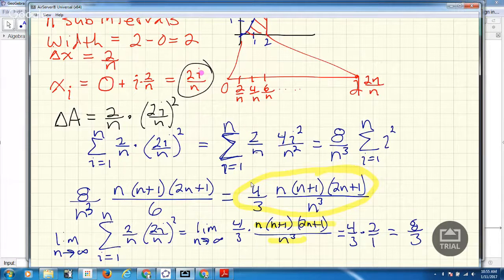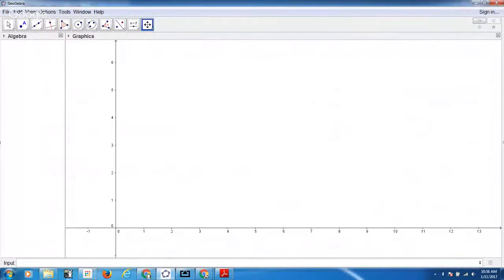And if we let n get bigger and bigger, and that makes the width of each rectangle get smaller and smaller towards 0, the most those rectangles can possibly equal is 8 thirds.